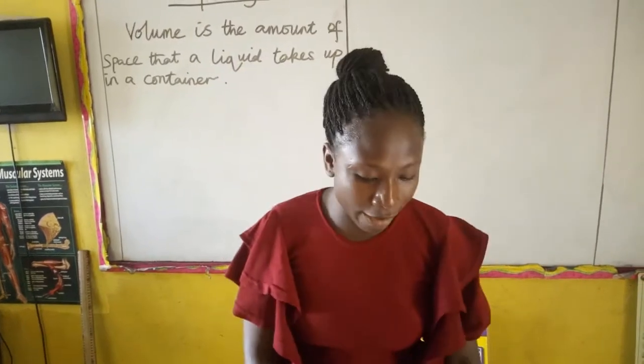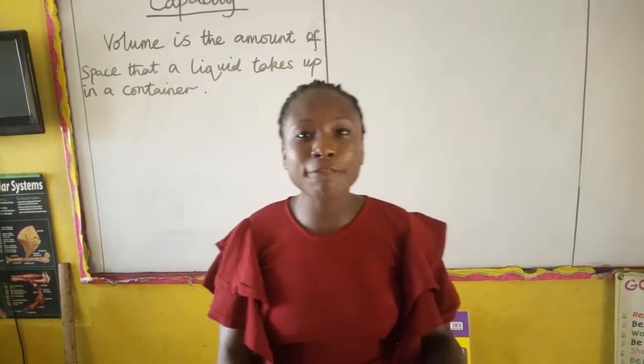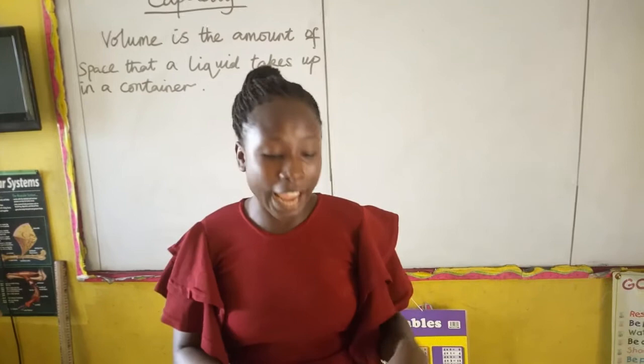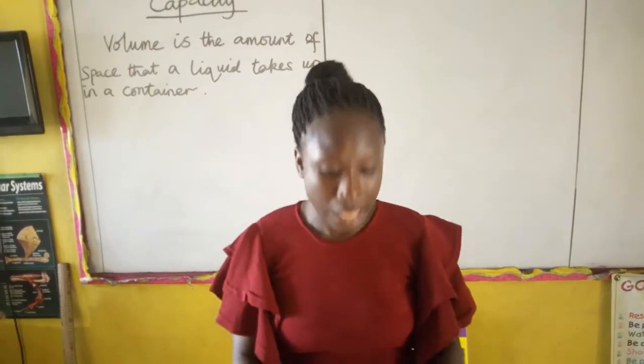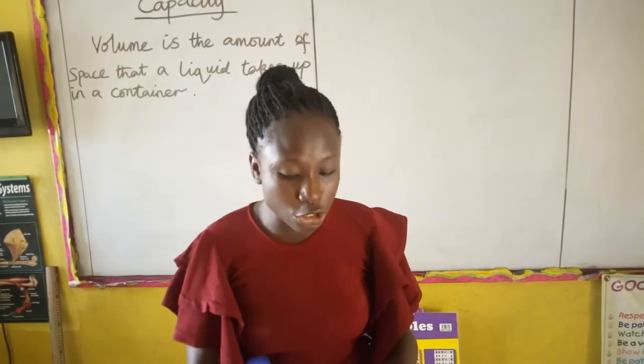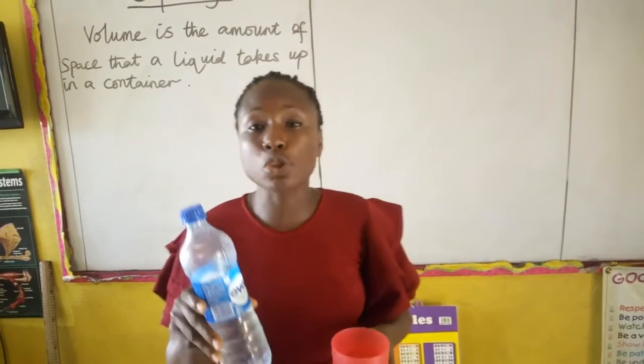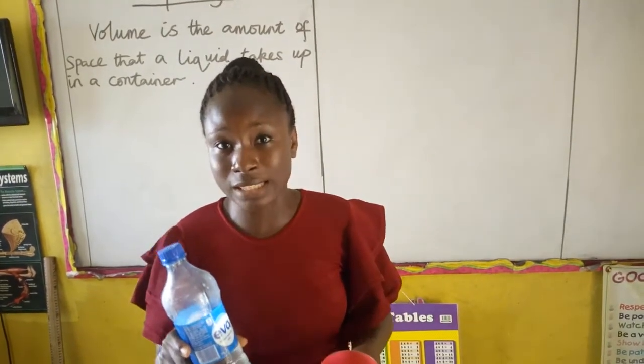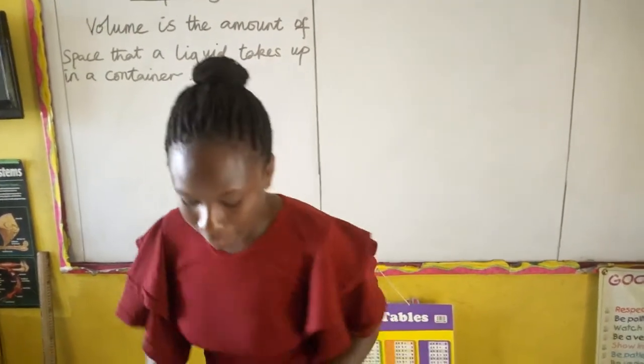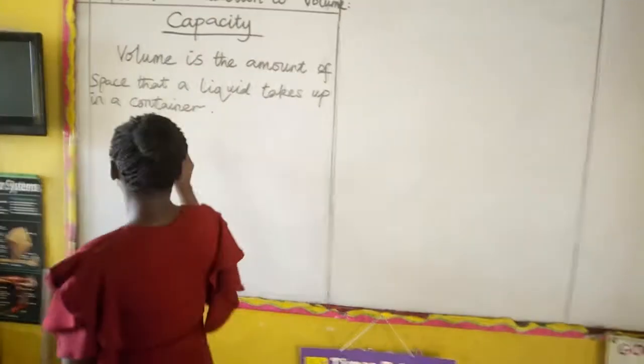Yes. So here on this table, I have different containers. They have different capacities. And then I just put a little volume in them. I put some water in them. Do you understand? Okay, so let me define capacity on the board.